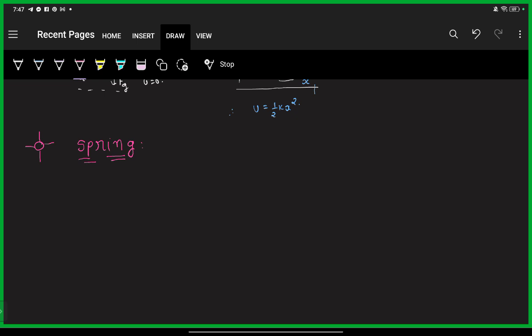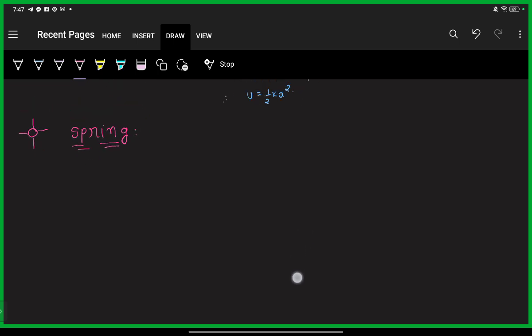What happens in the descending and ascending? For which one? When we project a ball in an upward direction. Like, what do you mean? You asked descending, ascending. Ascending.